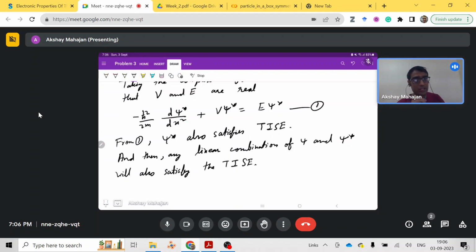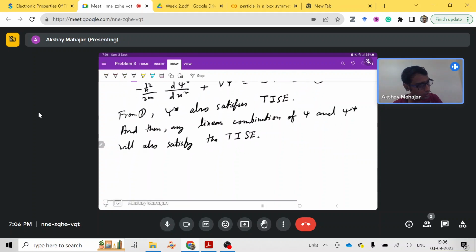So if both psi and psi star satisfy the time independent Schrodinger equation, any linear combination of them will also satisfy it.